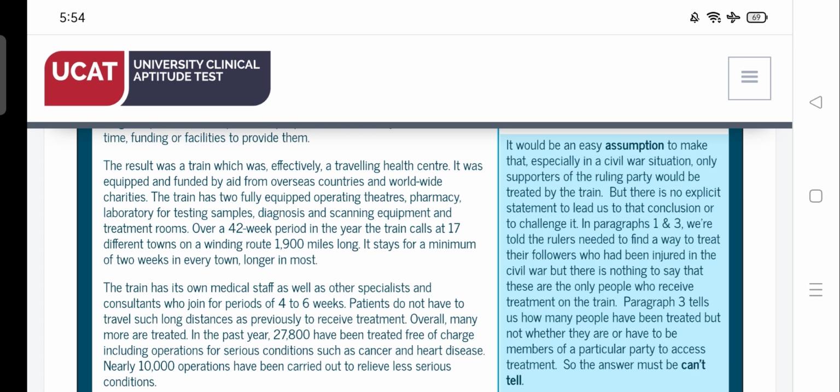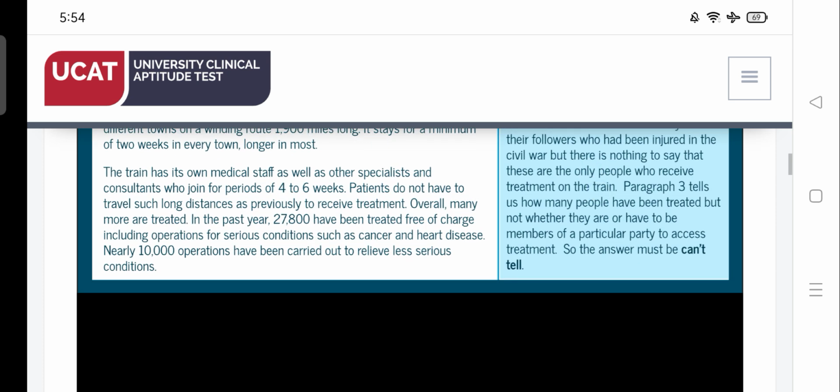But there is nothing to say that these are the only people who receive treatment on the train. Paragraph 3 tells us how many people have been treated, but not whether they are or have to be members of a particular party to access treatment. So the answer must be can't tell.